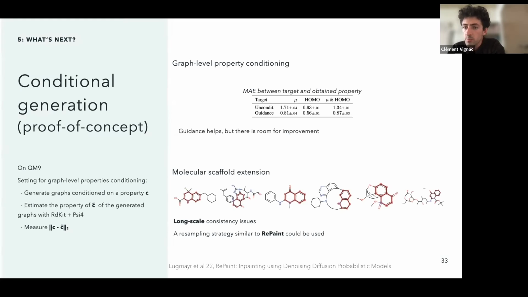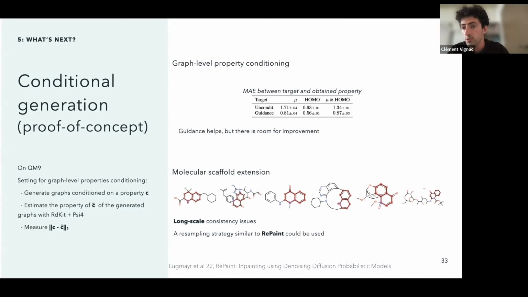How do we evaluate this in practice for the experiments? We did it on QM9. We have some properties that we condition on. We have the dipole moment mu and the HOMO, the highest occupied molecular orbital, two properties that are computed in QM9. And so we generate graphs conditioned on these properties.